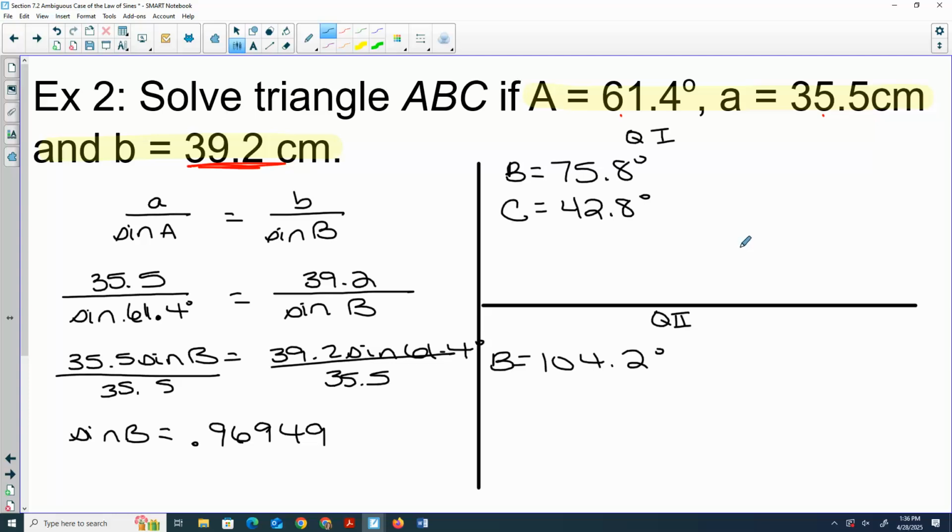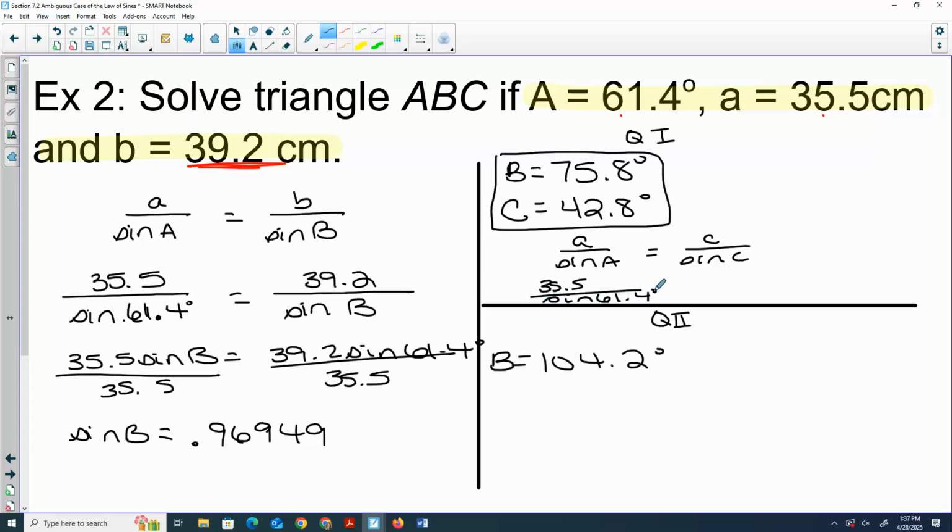How would I get side C? I have to do law of sines again. A over sine A equals C over sine C. 35.5 over the sine of 61.4 degrees equals C over the sine of 42.8. But this is like Friday's problem, so we can just plug that in.